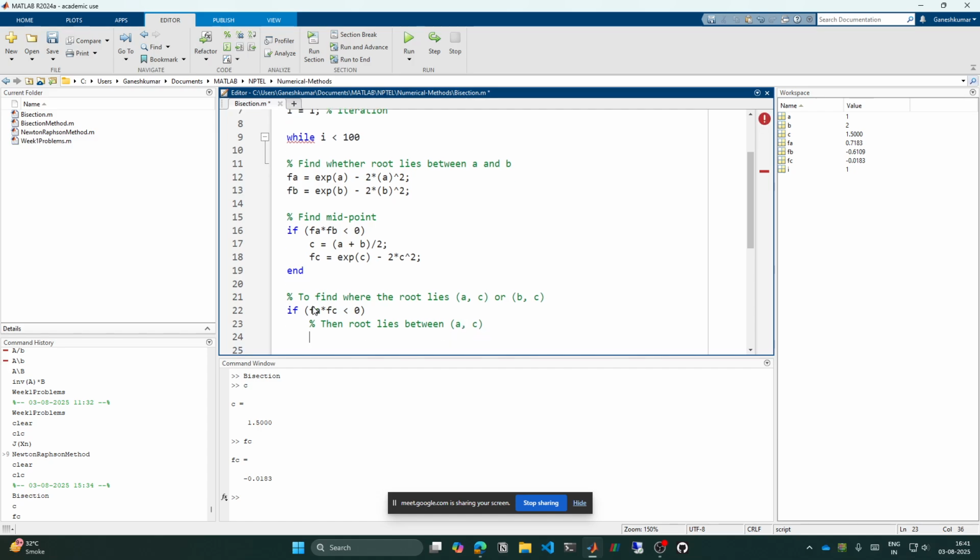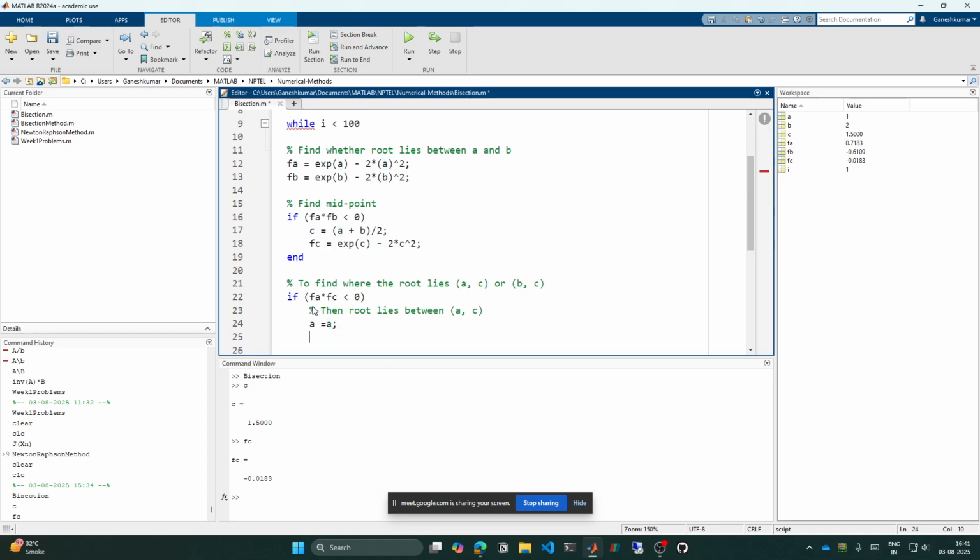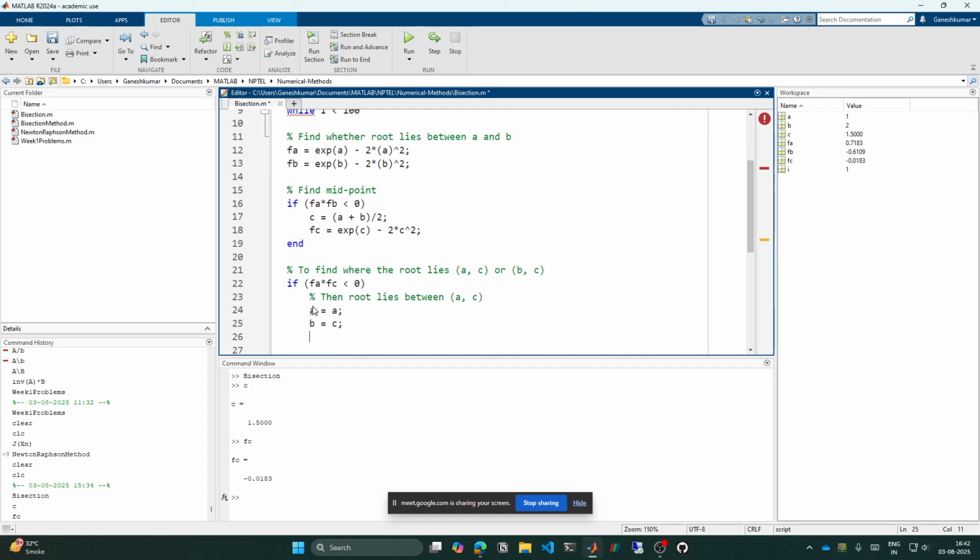So I will not change a, which means a is equal to a. I don't really need to do this, but just for your understanding, I will. And b is going to be c, correct? It's just the swapping of things that we do in a classic computer problem.